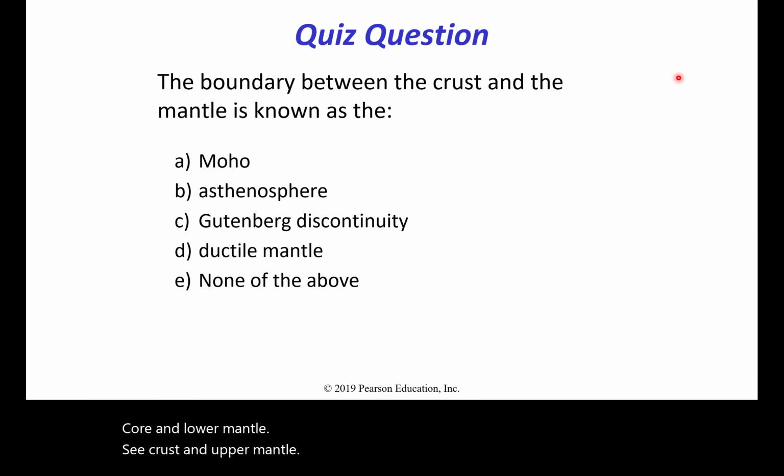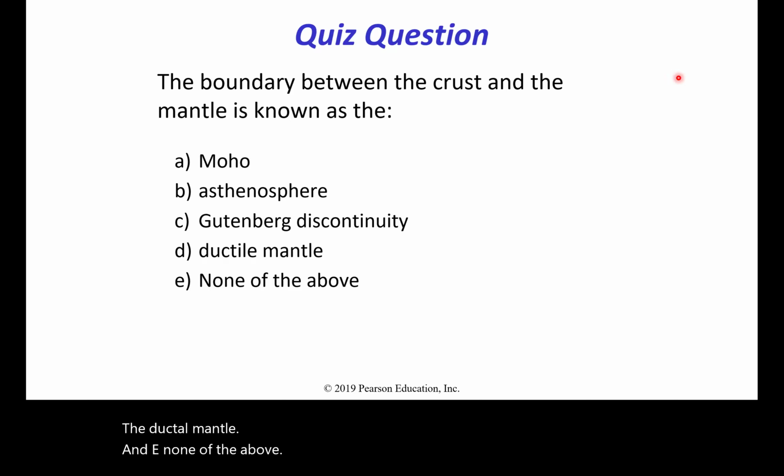All right. Last one here. The boundary between the crust and the mantle is known as A, moho, B, asthenosphere, C, Gutenberg discontinuity, D, ductile mantle, and E, none of the above.